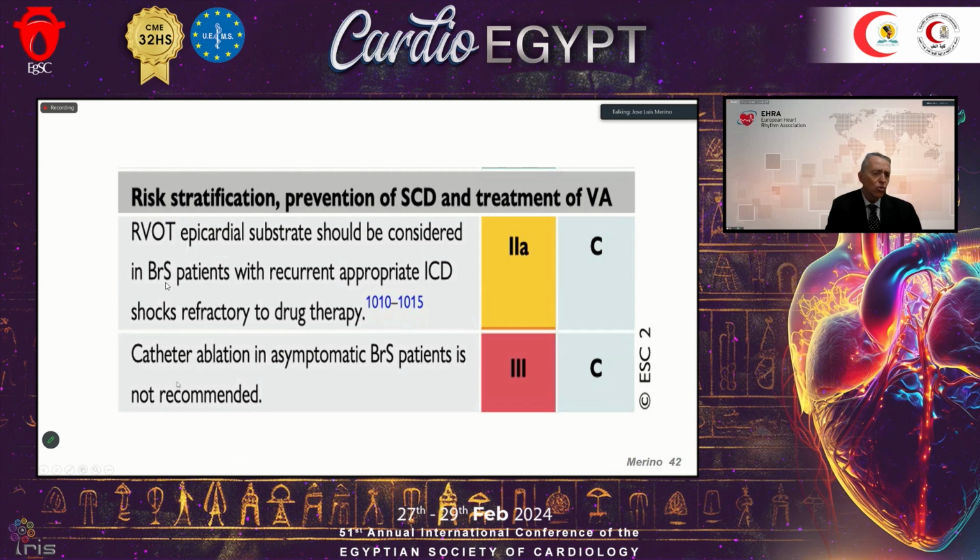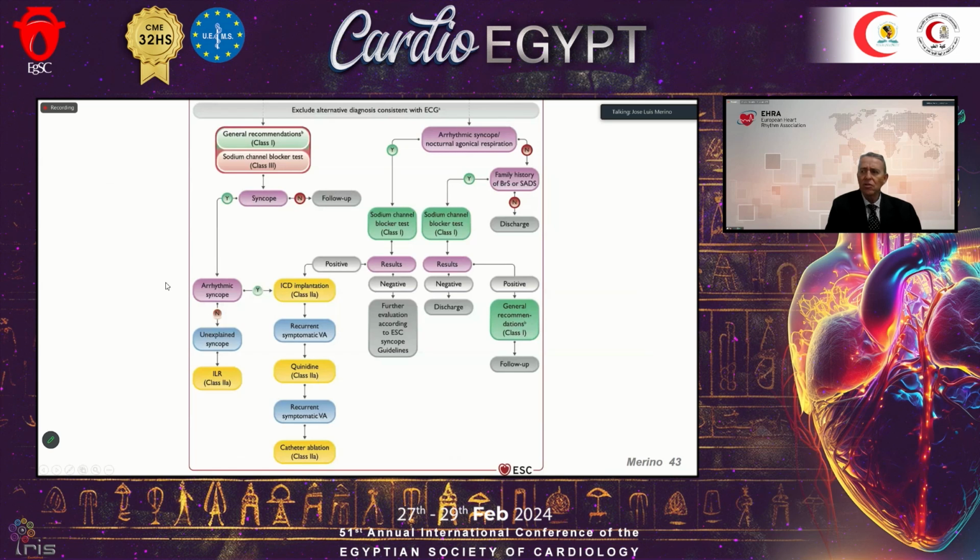What you should not do is ablate asymptomatic Brugada syndrome patients. Here you see the flow chart. It's a little bit complex, but I am bringing it just to show you that the ablation still is class 2A, but after considering many other alternatives, including ICD and quinidine.